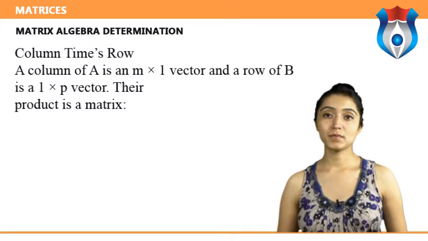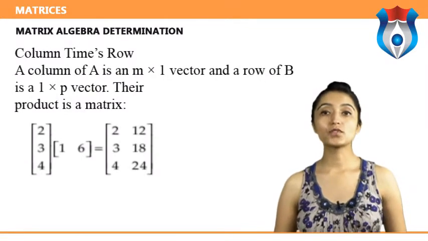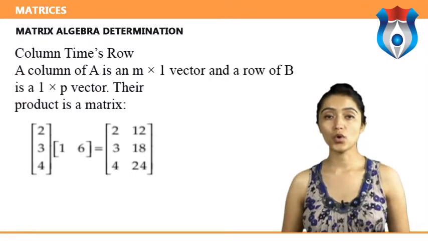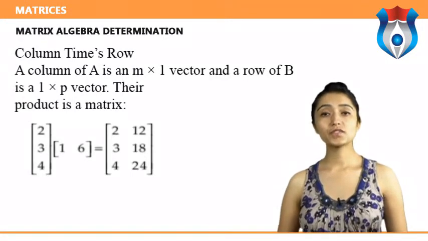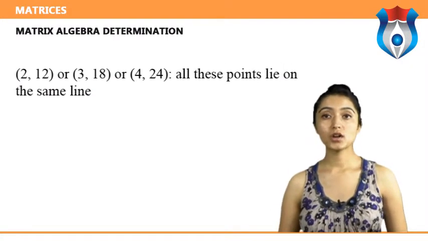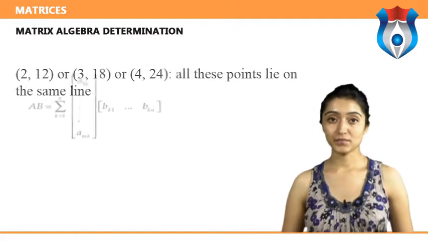Their product is a matrix. The columns of this matrix are multiples of the columns of A and the rows are multiples of the row of B. If we think of the entries in these rows as the coordinates 2, 12 or 3, 18 or 4, 24, all these points lie on the same line.